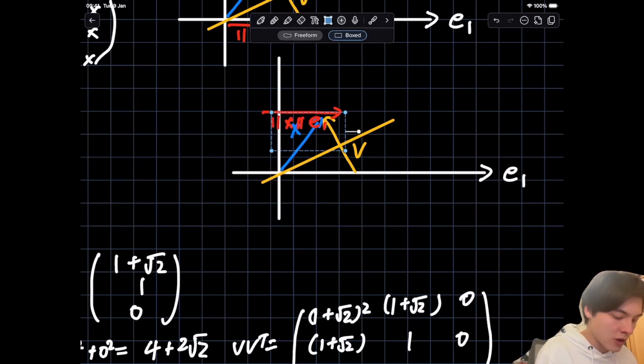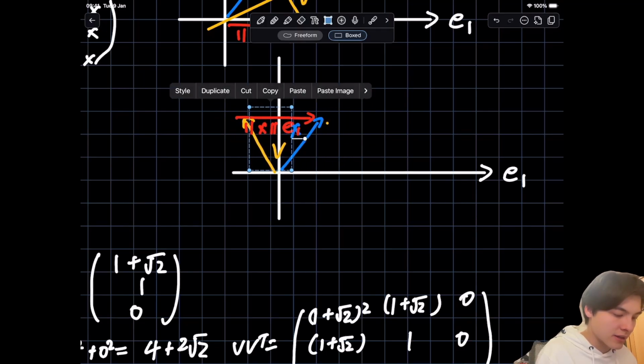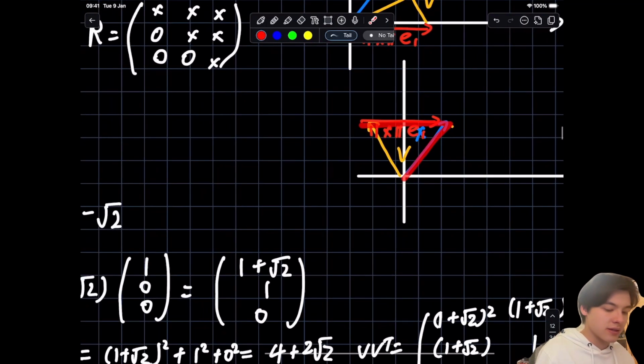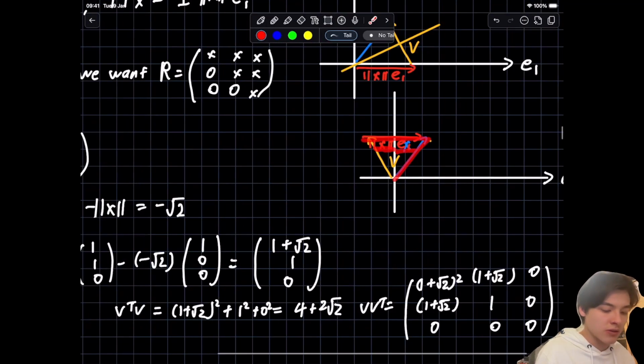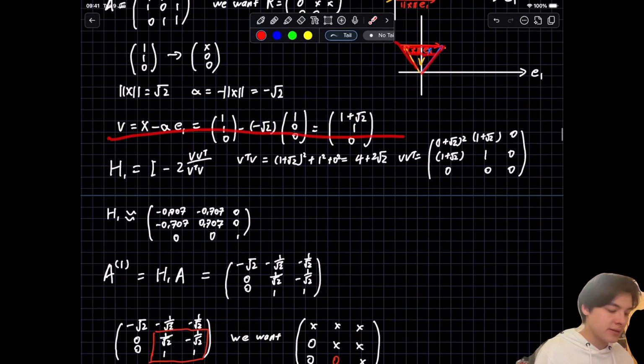So that means we go up here, and then we move back, and that should be the same as our v. So we get our v. So we see x minus the x norm times e1 equals our v. This is what this formula is, basically.